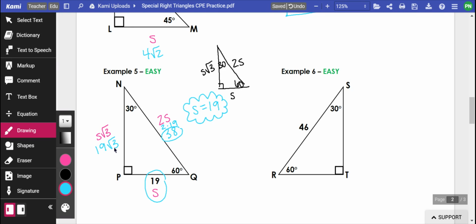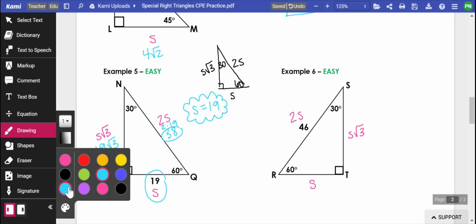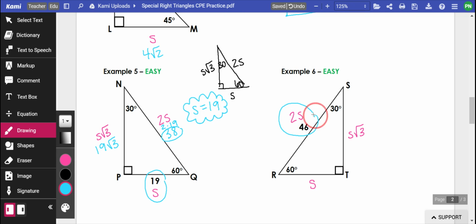For example 6, another easy one. Again, label with the template, 2s. Now, across from 60, s radical 3, across from 30 is just s. So now we're given the hypotenuse. So 2s is going to be 46.